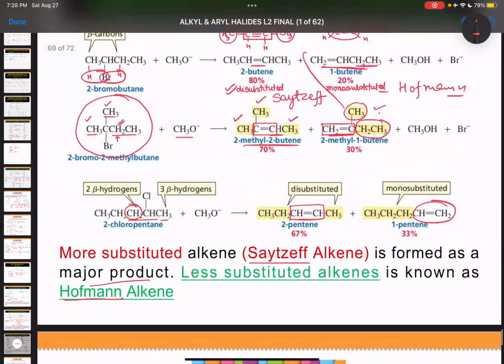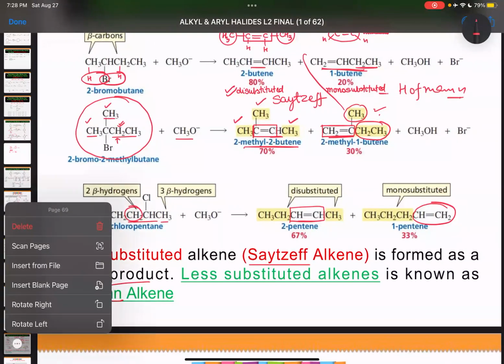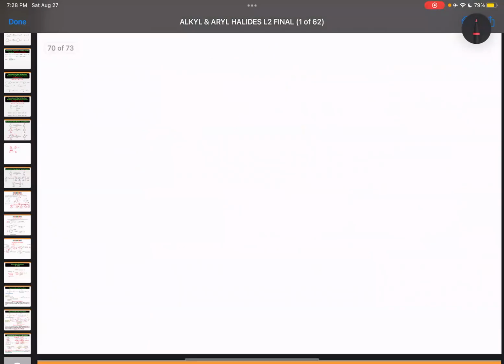So let's do some more questions. I will give you a compound whose formula is C5H11Br.